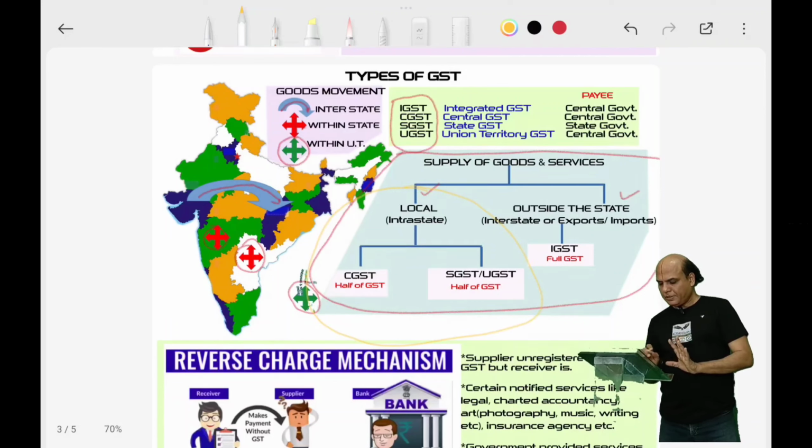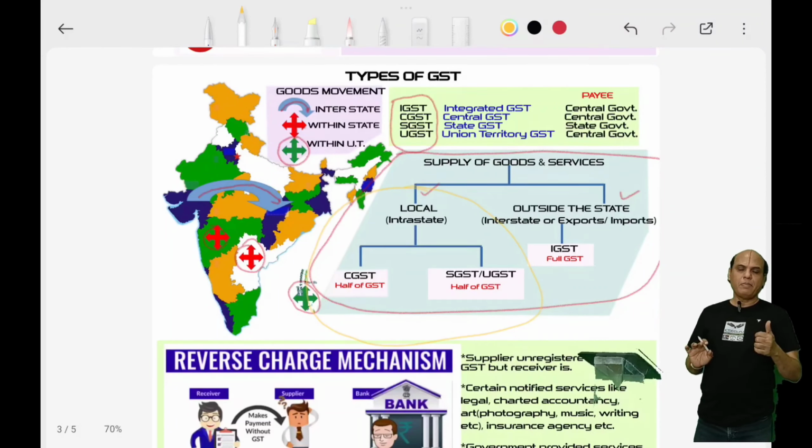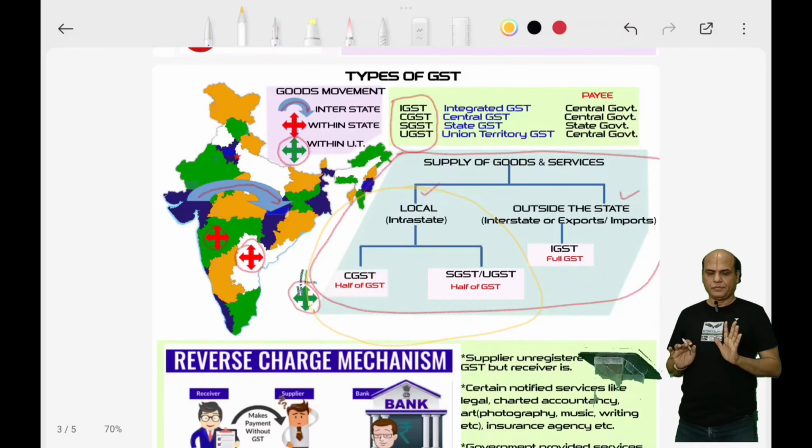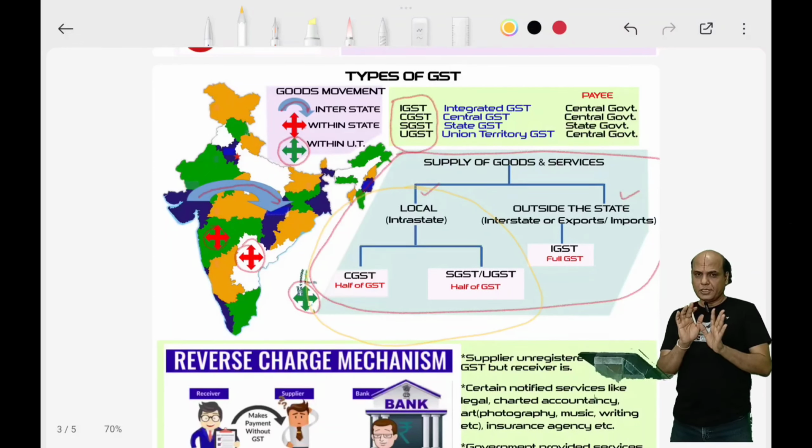Suppose the tax slab levied on a particular goods is 5% and it is intrastate, within the state. So how is the tax distributed? That 5% is the total GST.